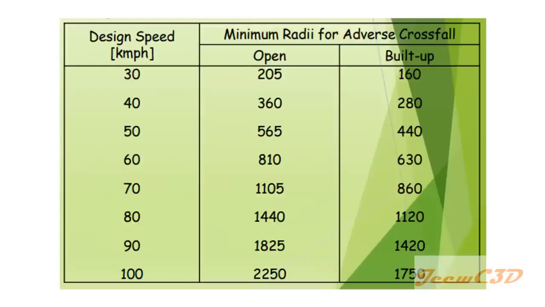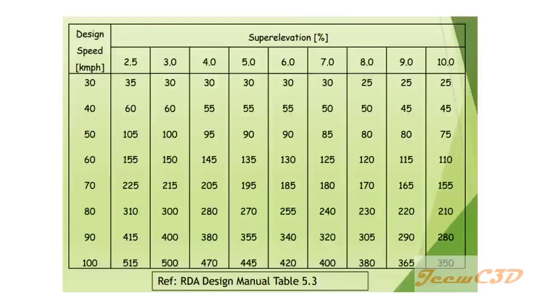Then, since we are working at a maximum super elevation of 6% and designing the road for 60 kilometers per hour, this is the area you can work with.